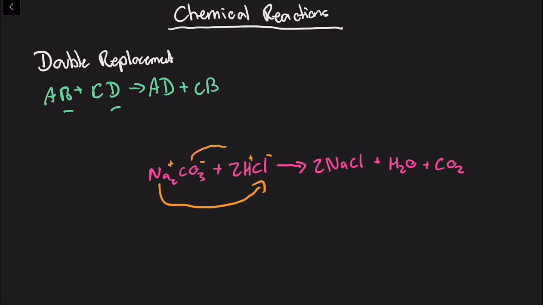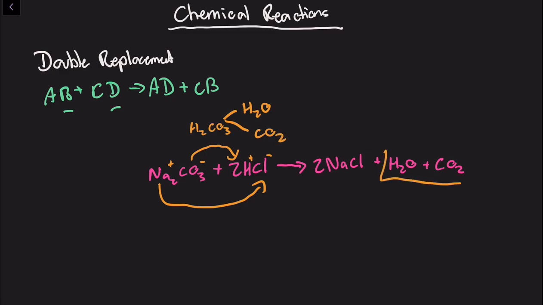And then here, we're going to combine these two and get H2CO3, or carbonic acid. Now, carbonic acid is very unstable. So right when this forms, it's going to break down into H2O and CO2.